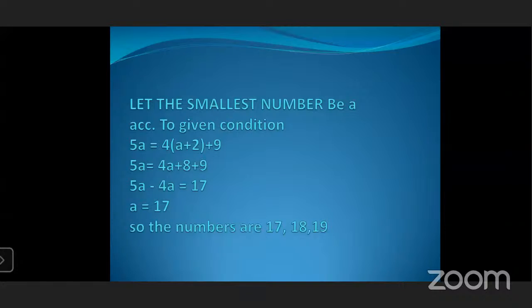Which is the largest number? 19. 4 times 19: 19 fours are 76. Now in this 76, you add 9. 76 plus 9 gives you 85, which is 5 times the smallest number. So this is how you check your answers.